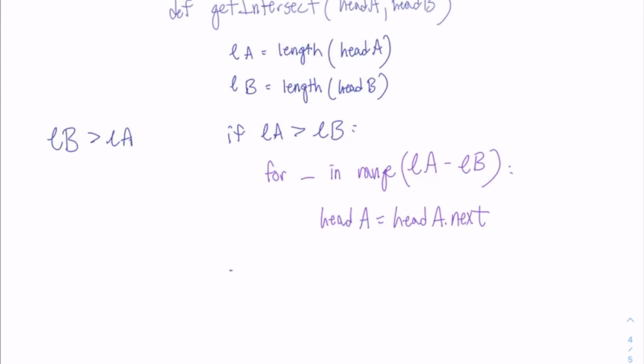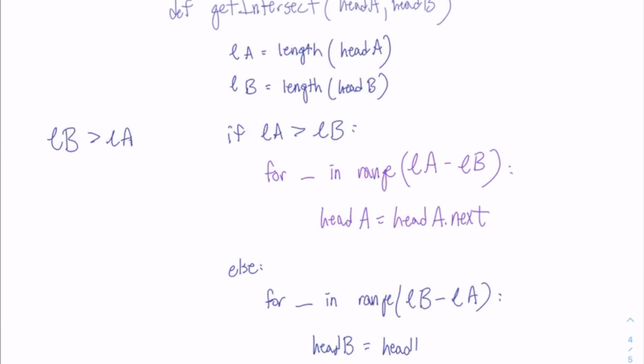So I'll create an else statement, and it'll be just like this for loop, where for underscore in range lowercase b minus lowercase a, and then we'll make it head b instead of head a. So head b equals head b dot next.